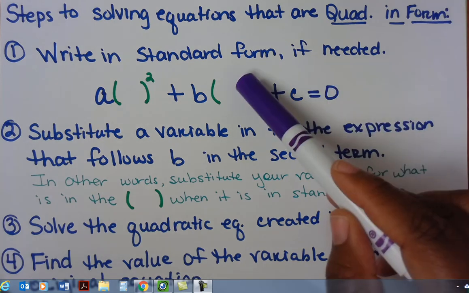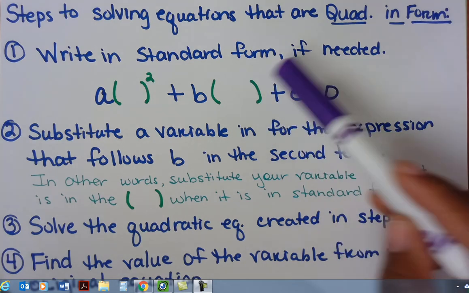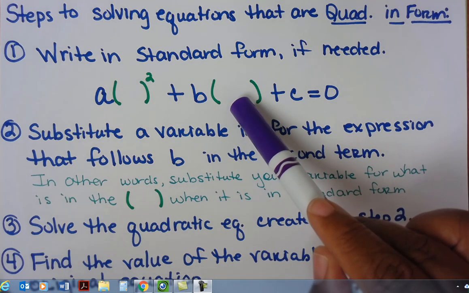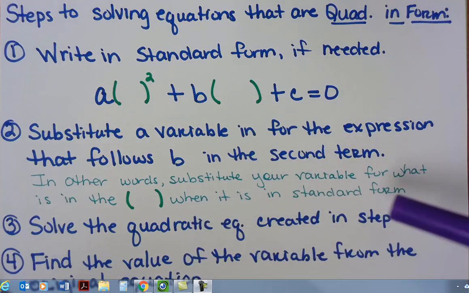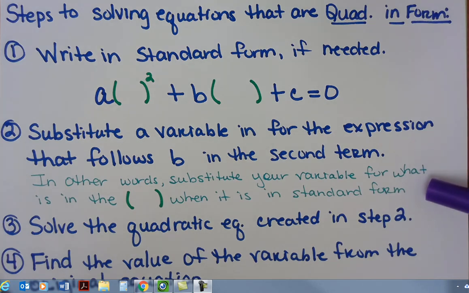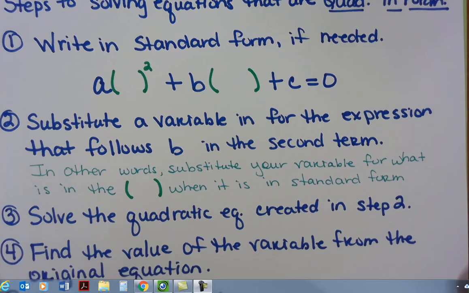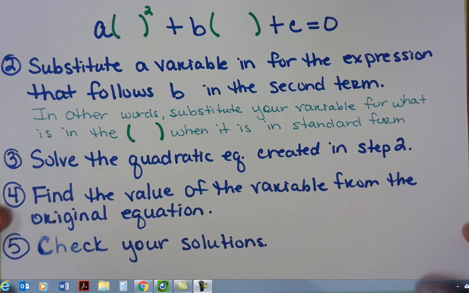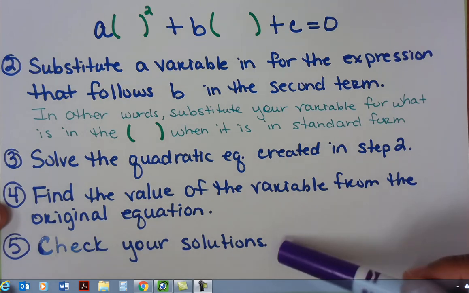So we're going to look at the expression that follows this variable b in the second term. The way that we're going to do that, we're going to substitute your variable for what is in the parenthesis when it is in standard form. Number 3, we're going to solve the quadratic equation. Number 4, we're going to find the value of the variable from the original equation, and then we're going to check our solution.